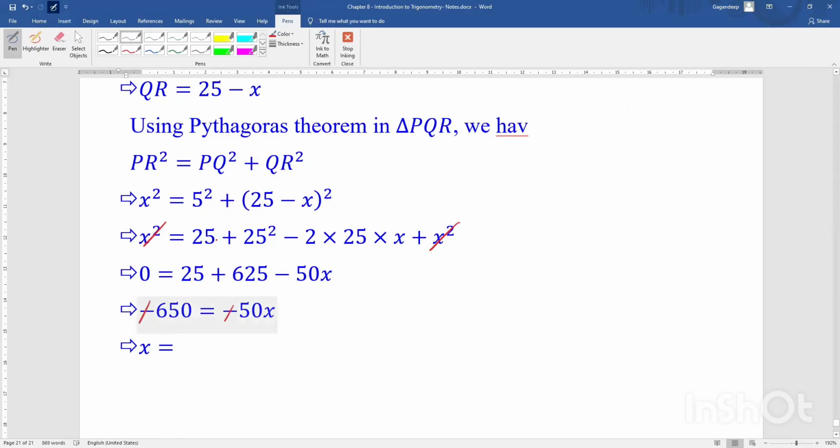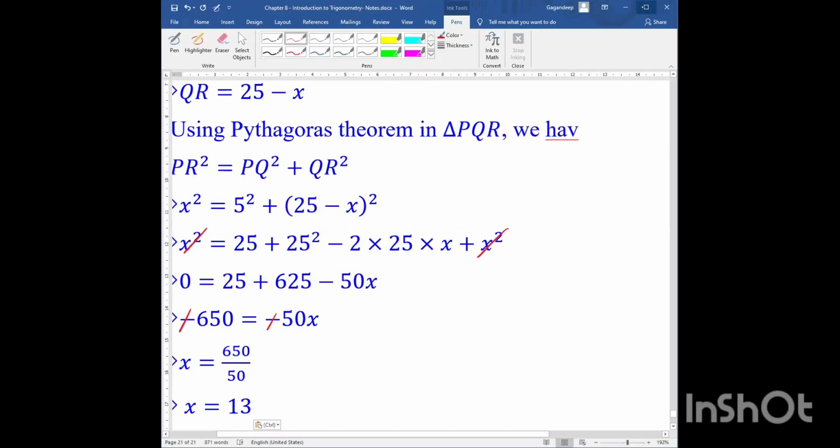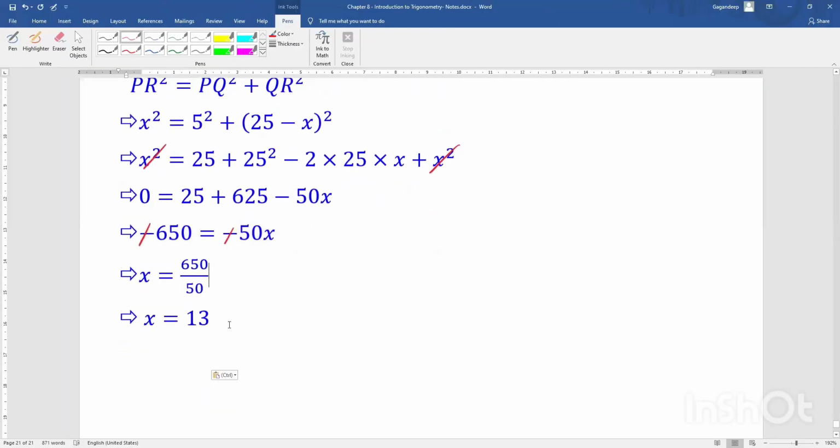So you get it as 650 by 50. And then x will be equal to 13 because 0 and 0 gets cancelled. And 5 ones are 5, 13s are 65.